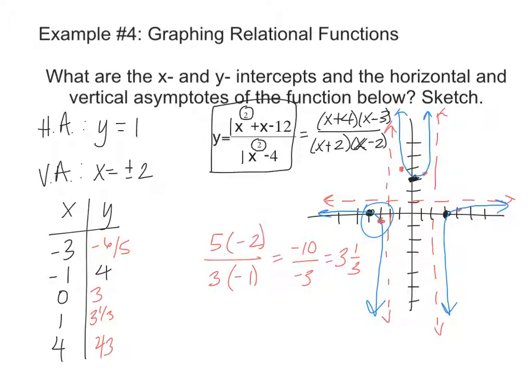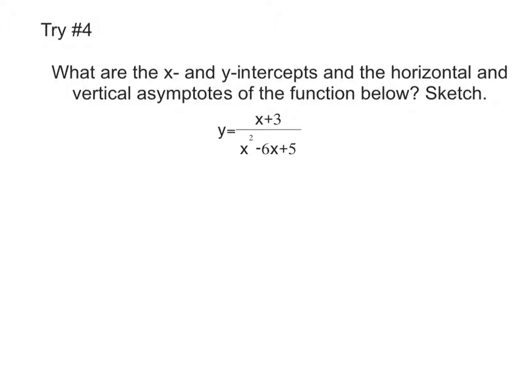All right, so let's do the next one. What are the x and y intercepts? What are the horizontal and vertical asymptotes? Okay, so again, we're going to start with our graph.